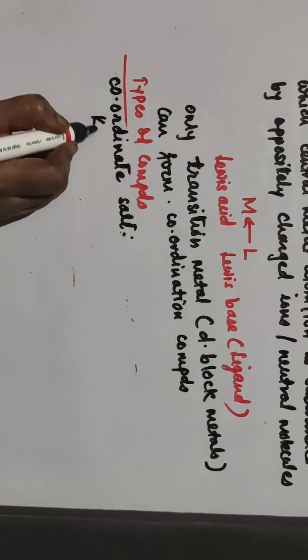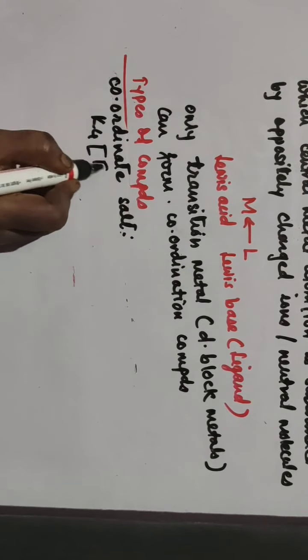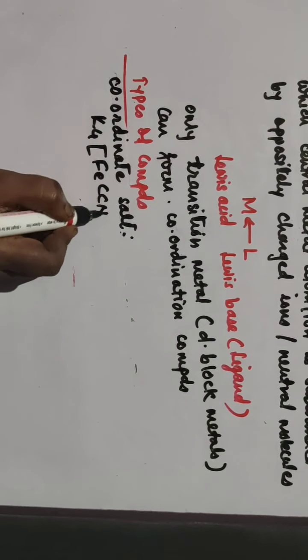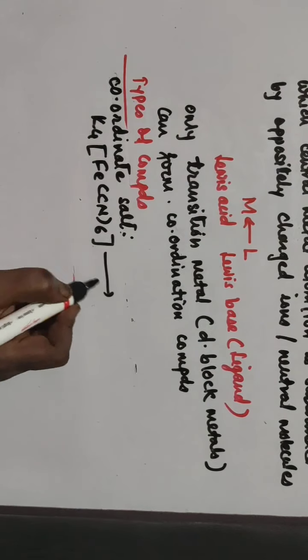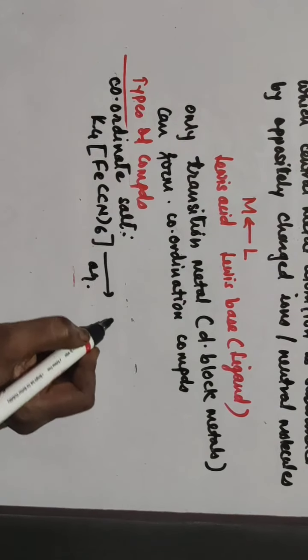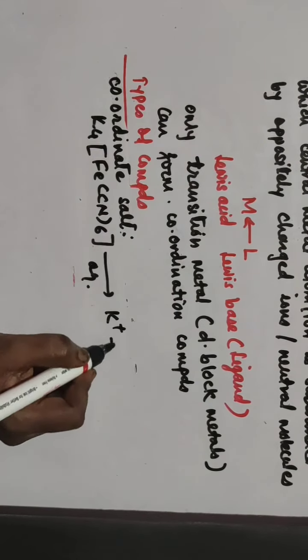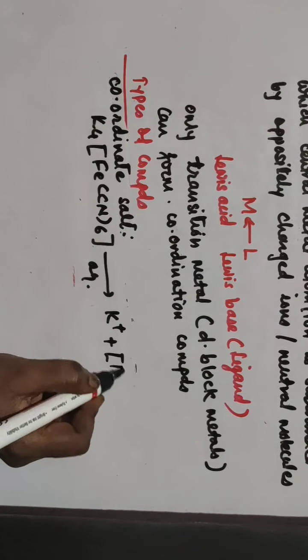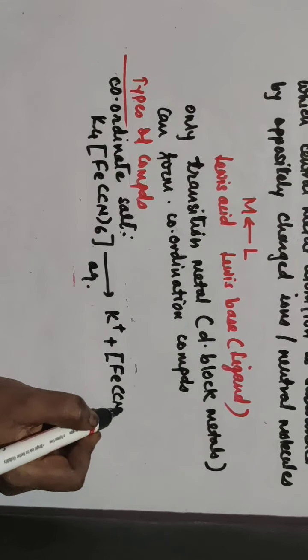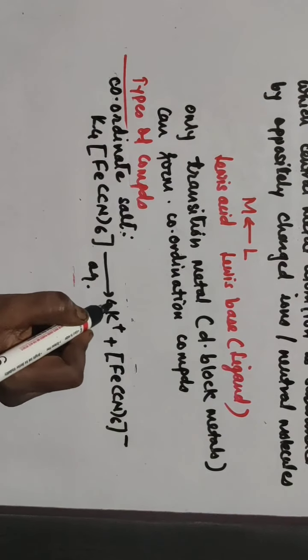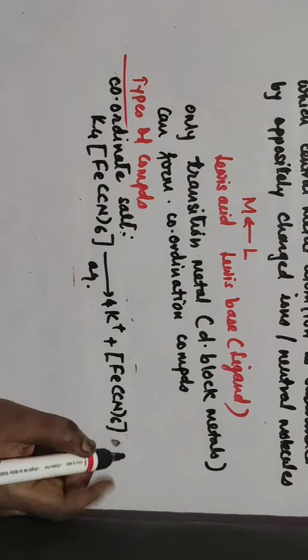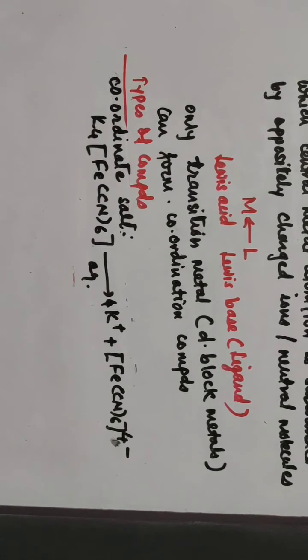For that we'll take the example of K4[Fe(CN)6]. So here in aqueous medium, you will get only K plus and [Fe(CN)6] 4 minus ions. 4 K plus are there, so 4 K plus and [Fe(CN)6] 4 minus ions.